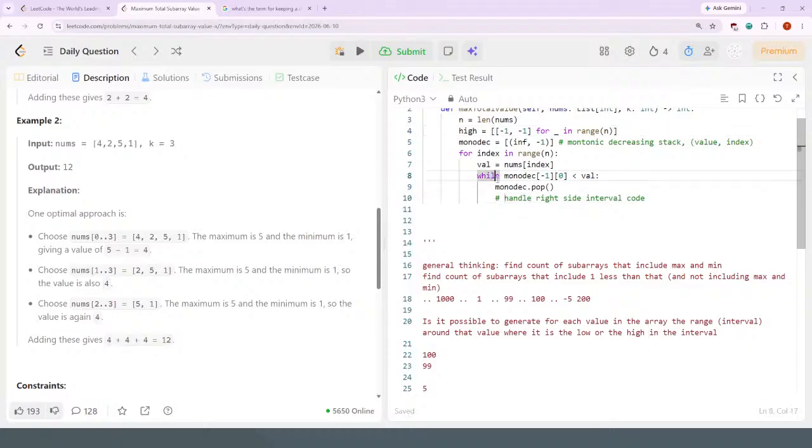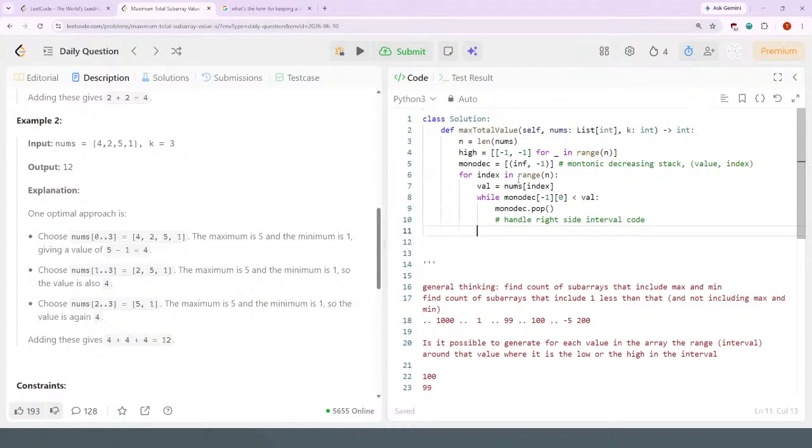Handle the right side of the interval code. Okay, so where this thing ends up is the left side. The left side interval is adjacent to the previous high index.